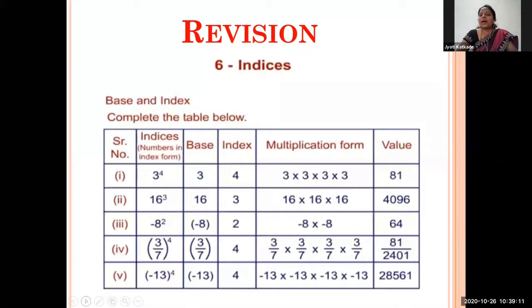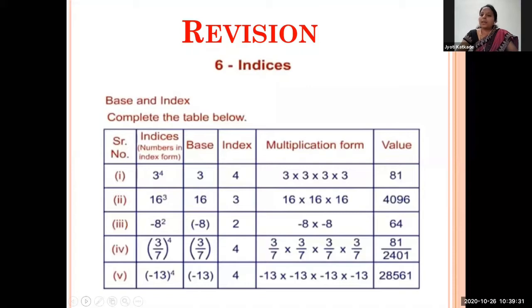Now see the fourth example, the fraction 3 upon 7 raised to 4. In this example the base is 3 upon 7 and the index is 4.